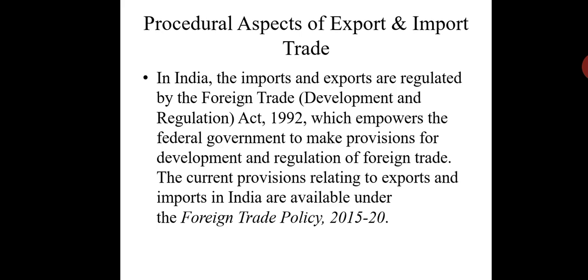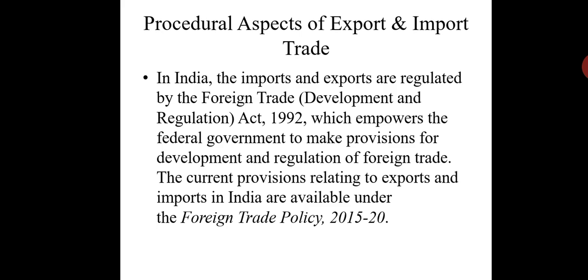Another thing, these rules and regulations change every 5 years, with the economic span. Today the foreign trade policy is under 2015 to 20, which means in 2021 the foreign trade policy is going to change again.